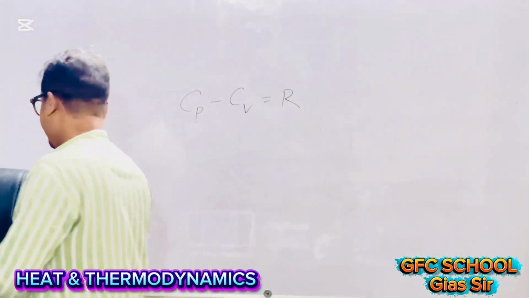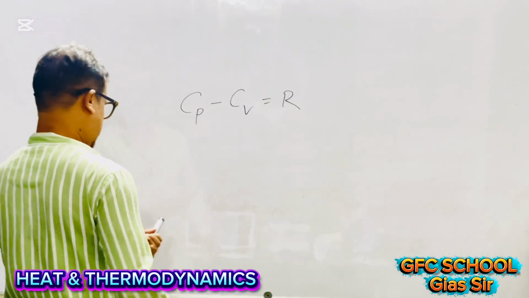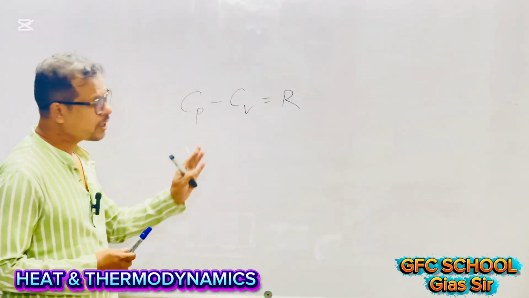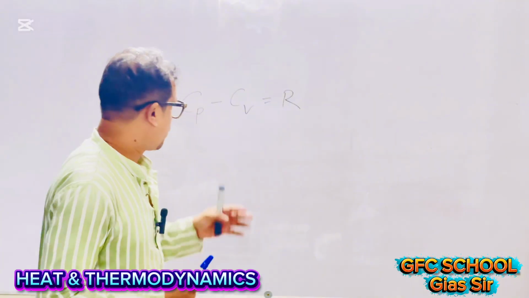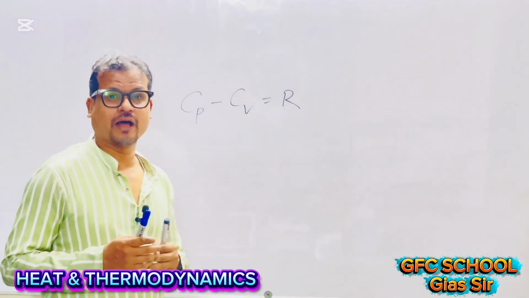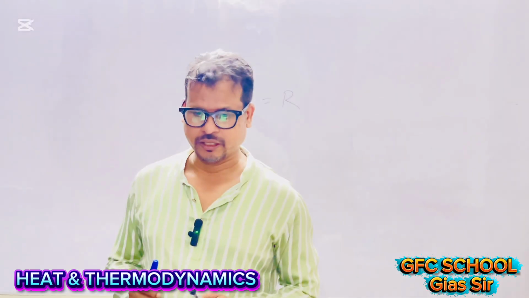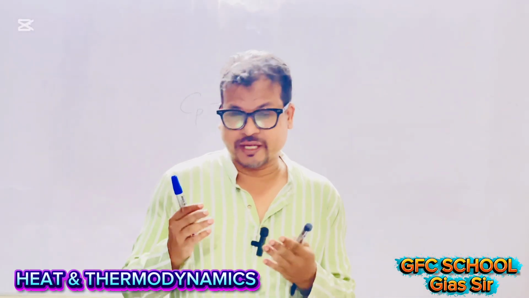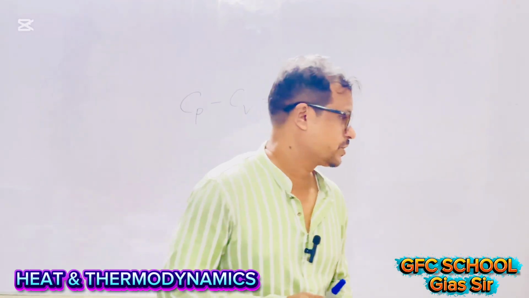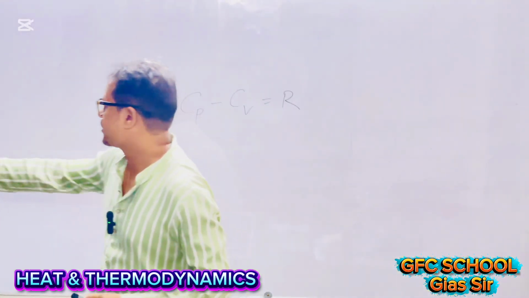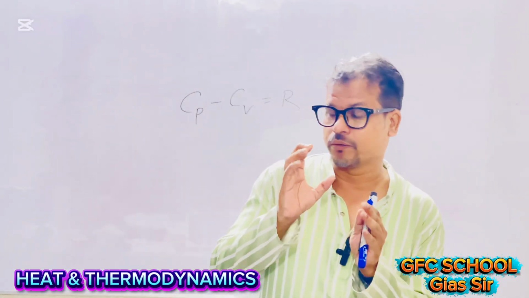Very simple, guys. It's a heat and thermodynamics related equation which I have to show now. For showing this, I'll take a cylinder with a piston which is frictionless, and I will use gas of 1 mole.